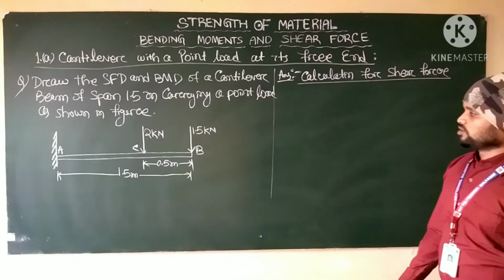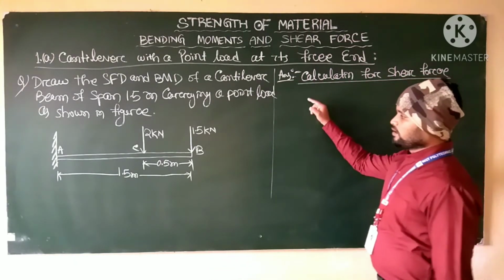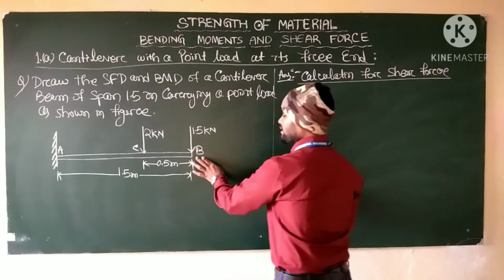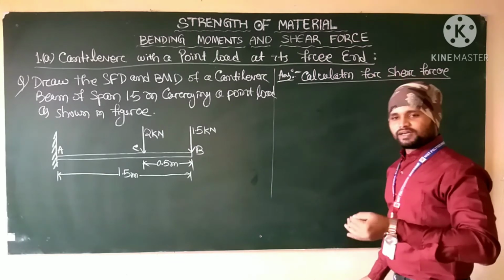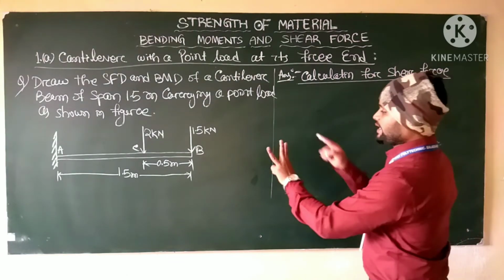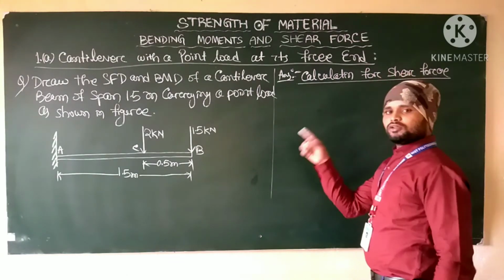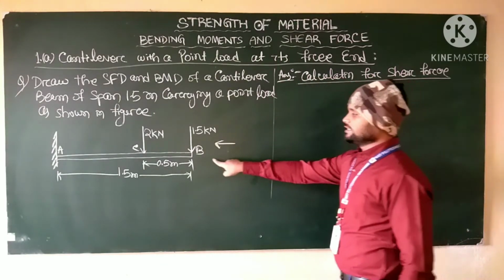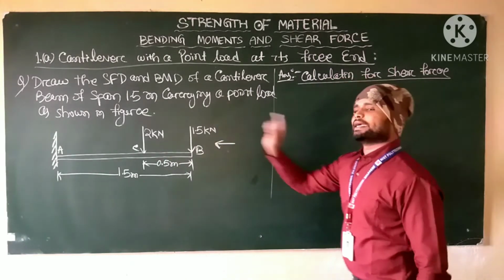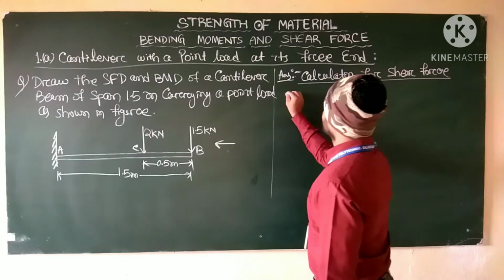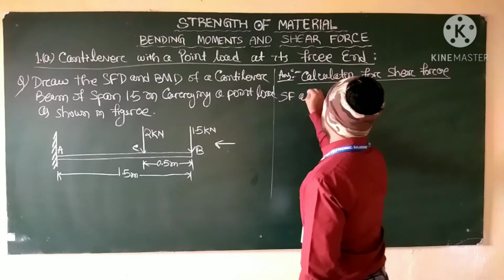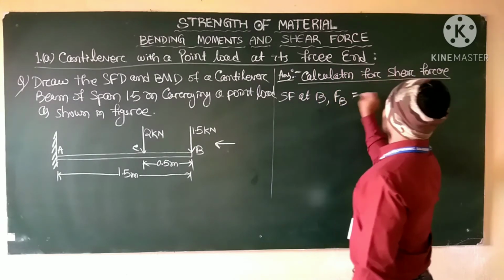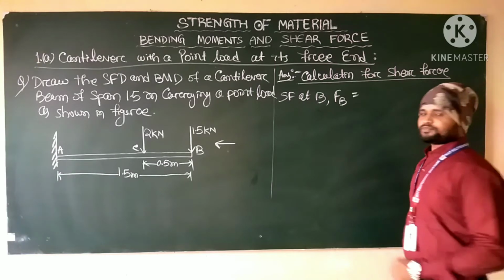For that, there will be 3 points: point A, point C, and point B. So we will calculate the shear force at these 3 points A, C, and B. We will start from the free end, right hand side. As it is a free end, we will start from the right hand side. So first we will write shear force at B, that is FB, equal to shear force at B.